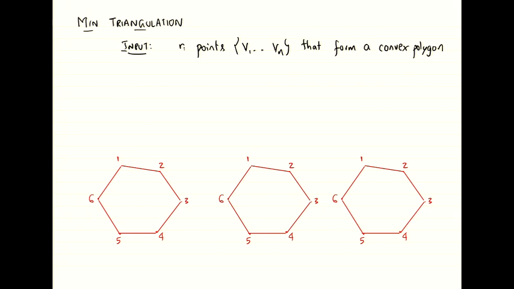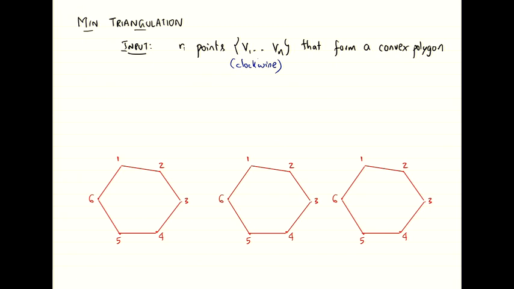Let's say these points are given to you in counterclockwise order along the polygon. So, just given n points that form a convex polygon.